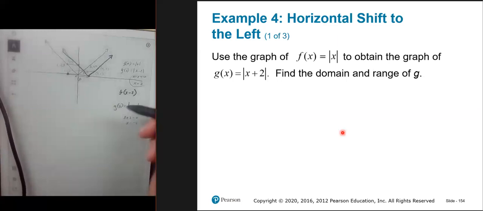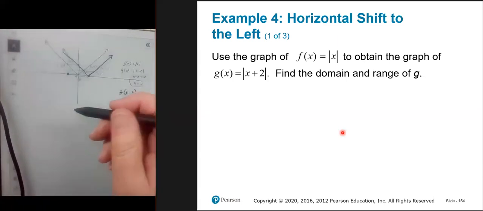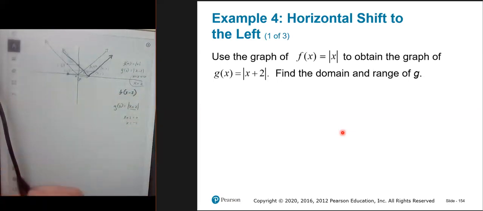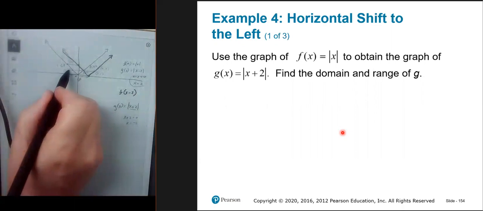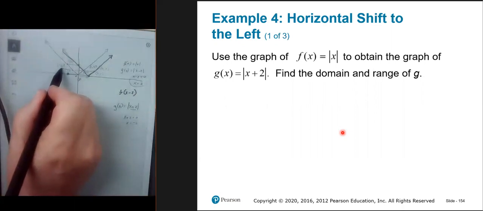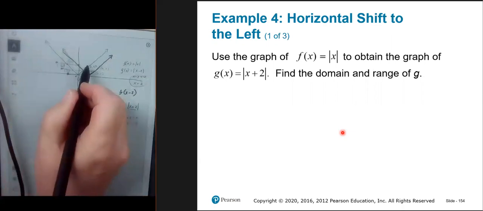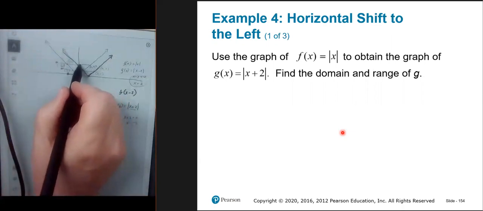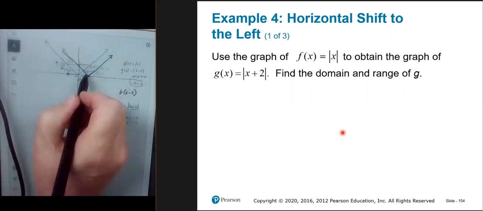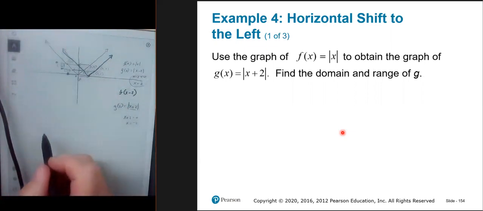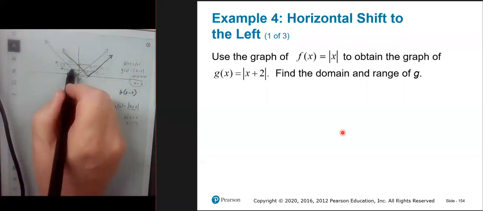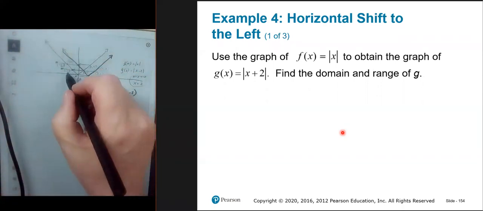And because I shifted it 2 units to the left, all the x values are going to be shifted 2 units. So this one is going to be shifted 2 units this way, this one, this one, and this one too. So here's my new graph.